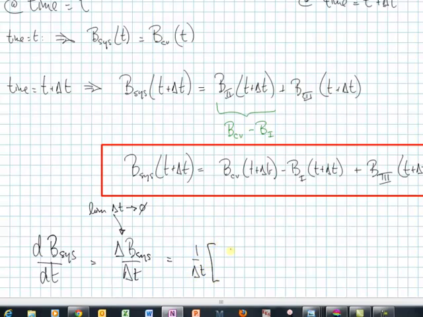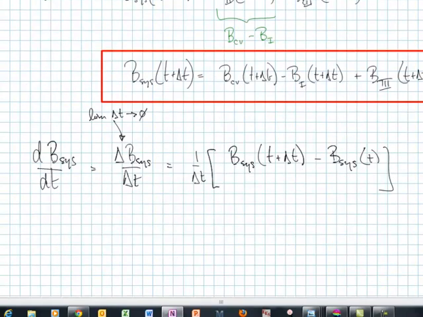So I'm just going to write B sys of t plus delta t minus B sys at t. We're taking that ratio right there.